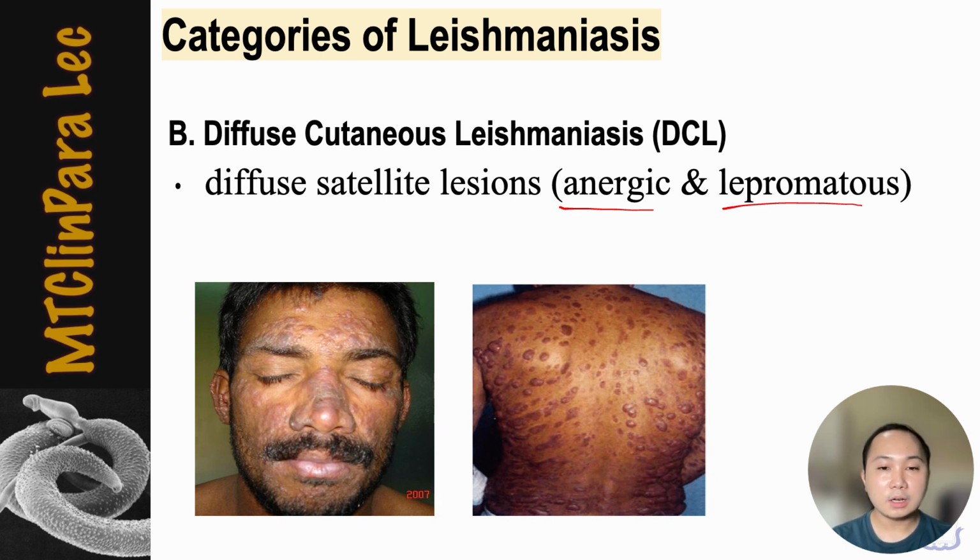This particular category is described as a localized, non-ulcerating papule that eventually develops into numerous diffuse satellite lesions. As you can see here, in layman's terms, yung isang single ulcer, kumalat siya sa buong katawan ni patient. Ibig sabihin yan, the patient wasn't able to fight off the particular parasite. Ang nagawa ni parasite is nakalat niya yung kanyang species all throughout the area.